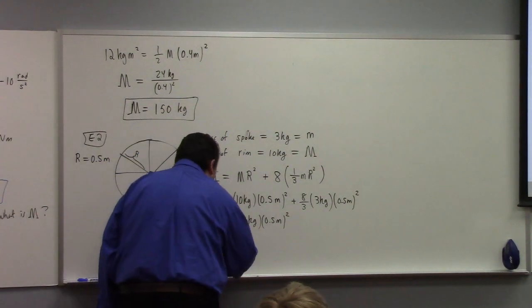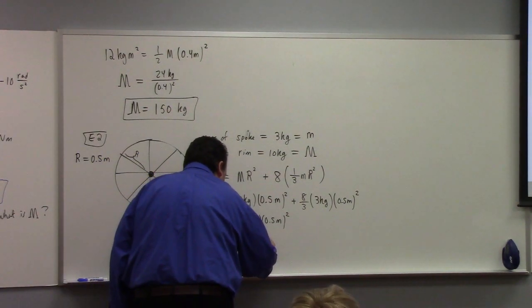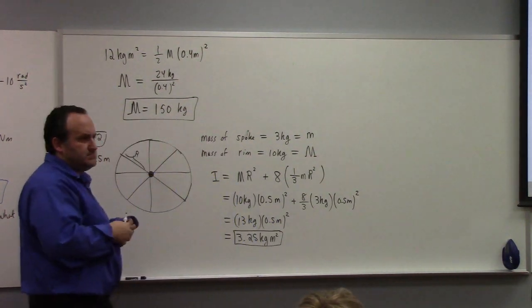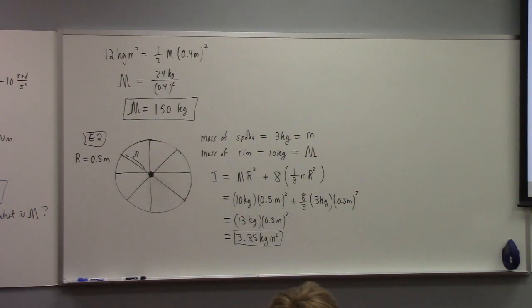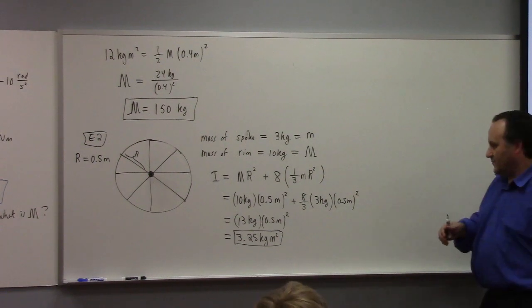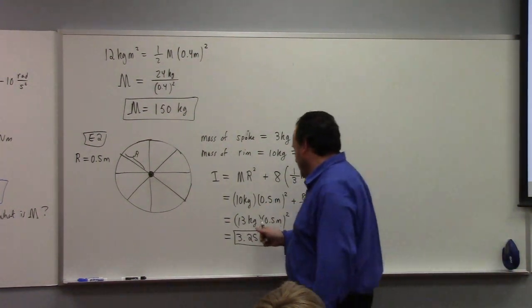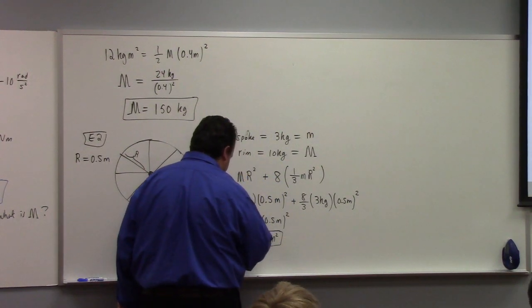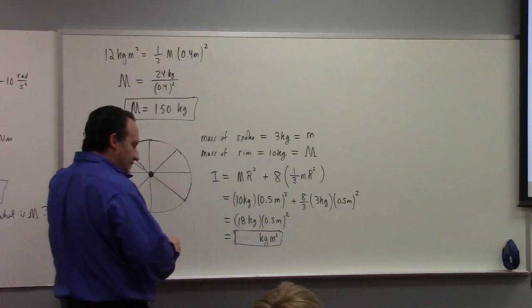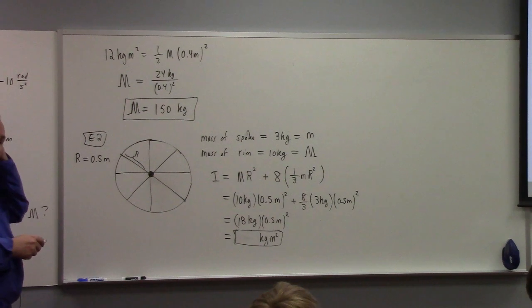Is it 3.25 kilogram meters squared? Am I right? I await the judgment of Justin. I think it's 18. Dang it. It's 18? Yeah, 18. This is what I get for not getting my calculator out. So 18 times 0.25. So 4.5 then, yeah?